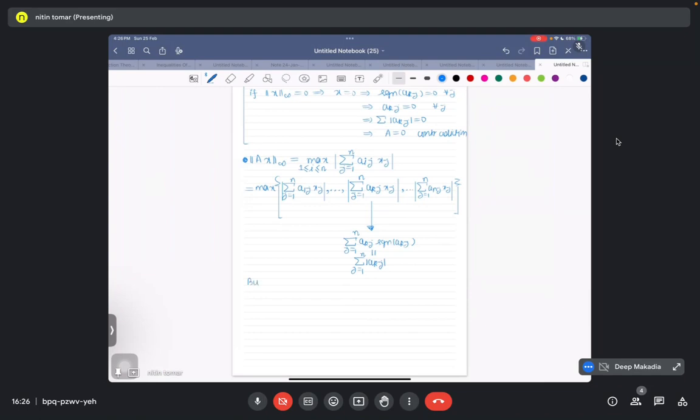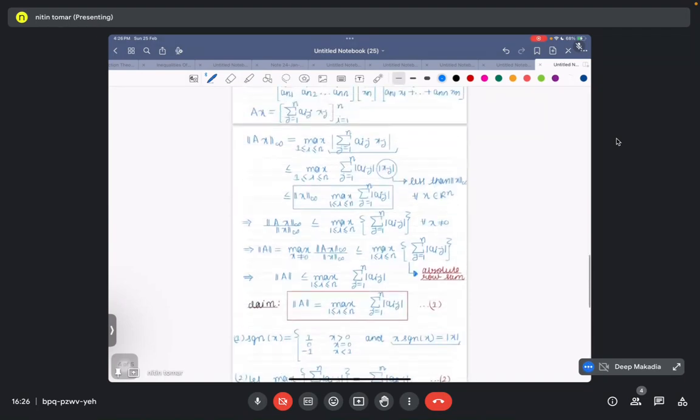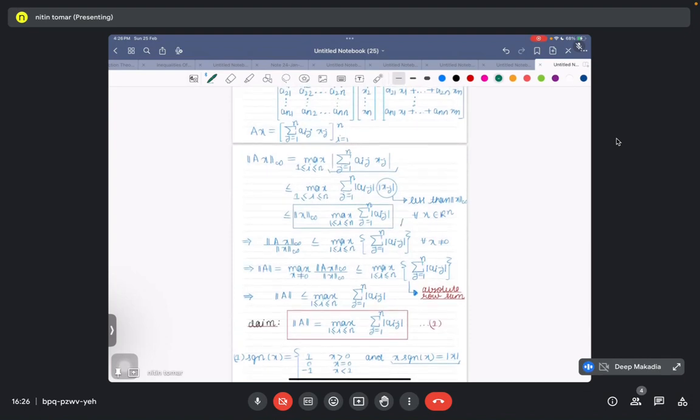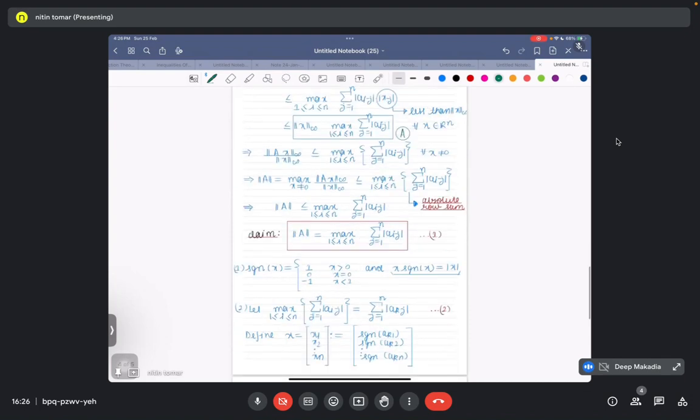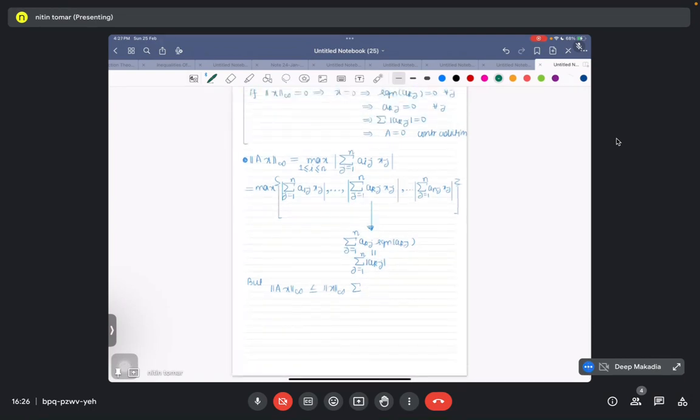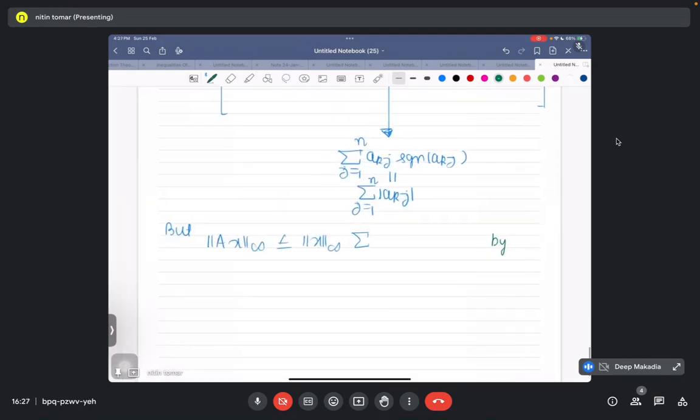We know that norm ax infinity is less than or equal to norm x infinity times maximum of absolute row sum. Am I correct? Let's say this is a. But what is absolute row sum? It is the kth row sum. Am I correct? This we assumed. And norm x infinity, we know it is equal to 1. We proved this.